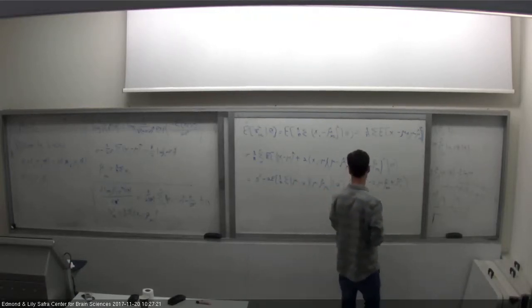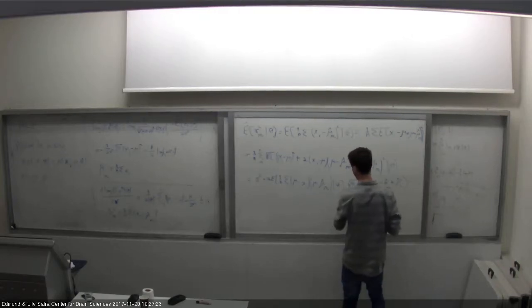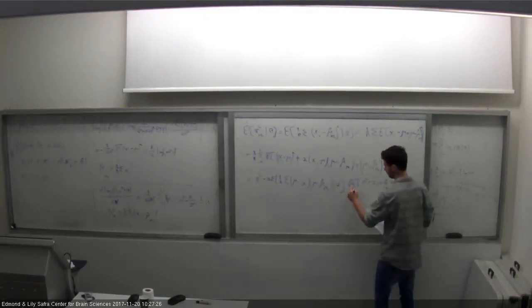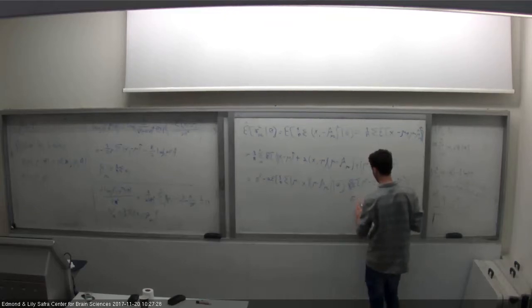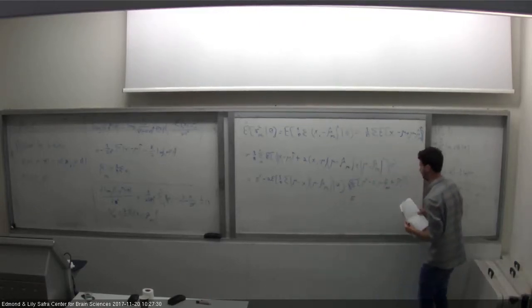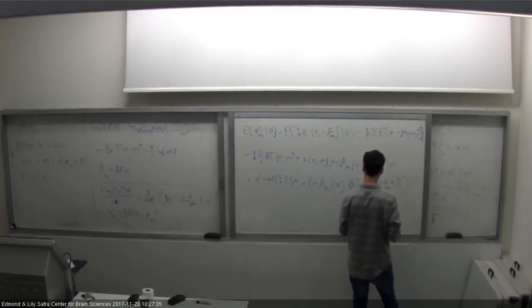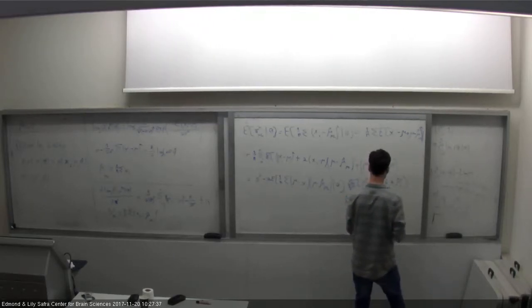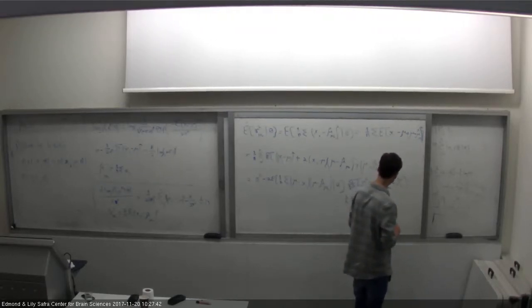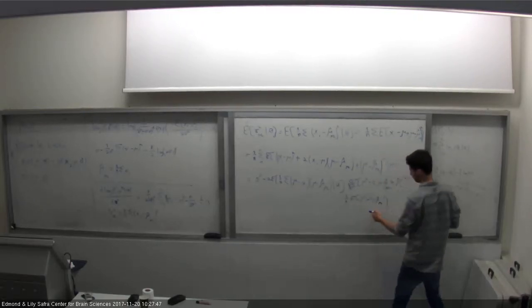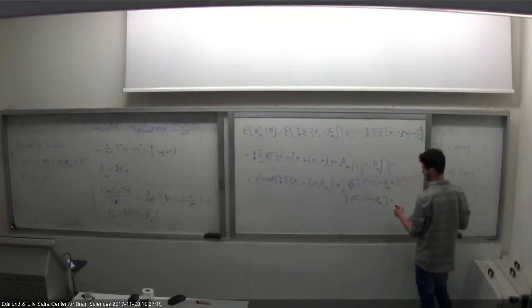Yeah, no, the n is cancelled. You're right. So we have here 1 over n, the expectation of mu to the square minus 2 mu, the estimate of mu, right, plus maximum likelihood of mu to the square, right?